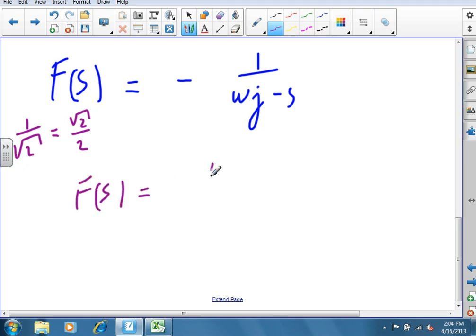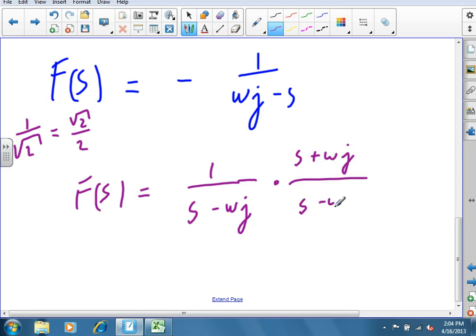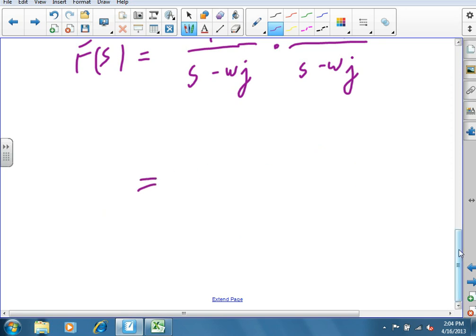So this is going to be 1 over s minus omega j, because I'm bringing that negative sign down here and turning things around. So I'm going to multiply by s plus omega j divided by s minus omega j. And when I do that, I'm going to have s plus omega j divided by s squared minus omega squared.